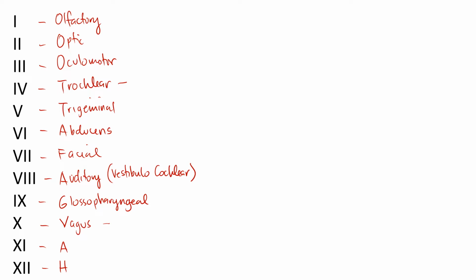Number 11 is your spinal accessory nerve. And number 12 is your hypoglossal nerve. So you have 12.